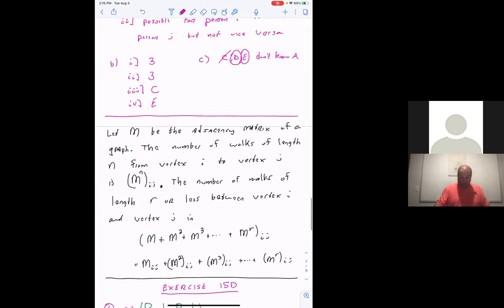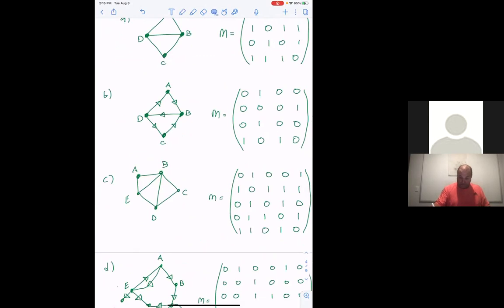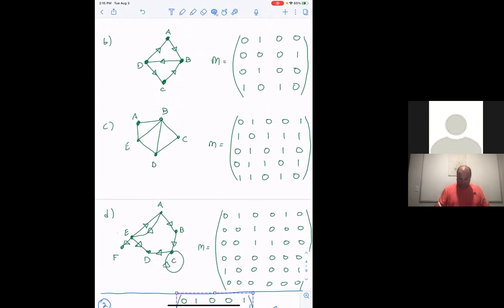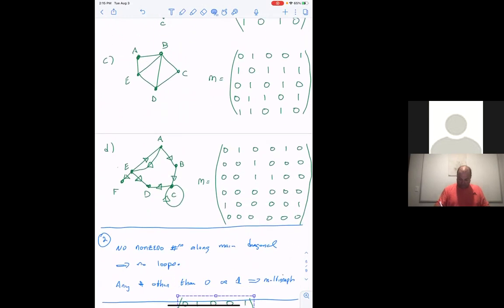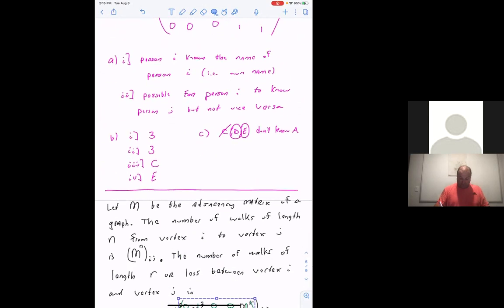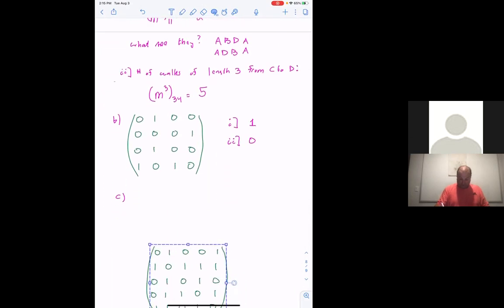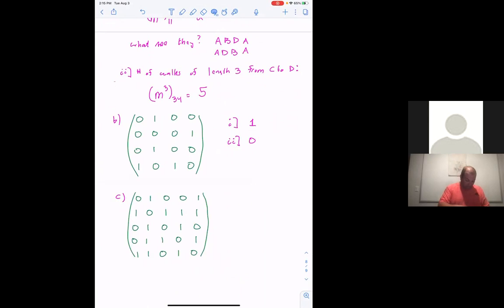All right, C. This was a 5 by 5 matrix. So I'm going to edit a new matrix, a 5 by 5: 0, 1, 0, 0, 1, 1, 0, 1, 1, 1, 0, 1, 0, 1, 0, 0, 1, 1, 0, 1, 1, 1, 0, 1, 0.